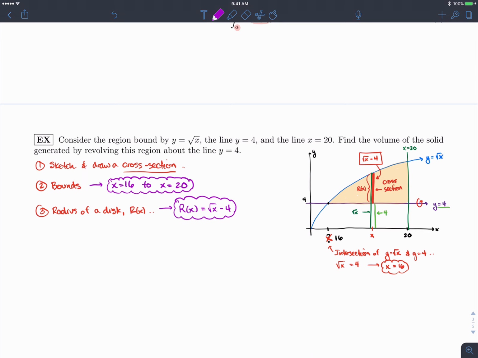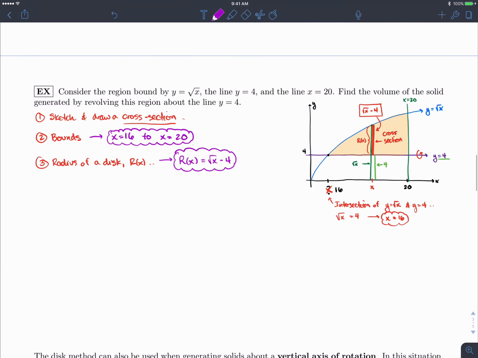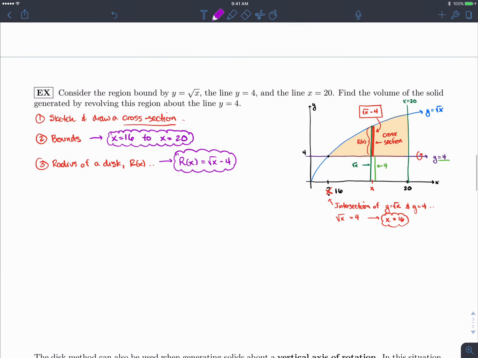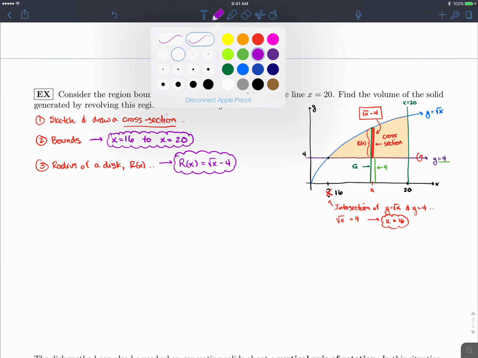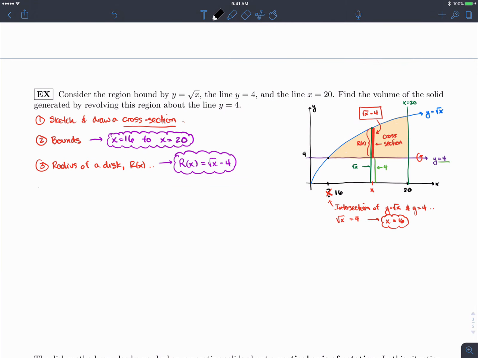So once we've got these bits of information, now we should be able to go ahead and set up our volume formula. So to get our volume, we're going to use the formula for the disk method that we laid out above.